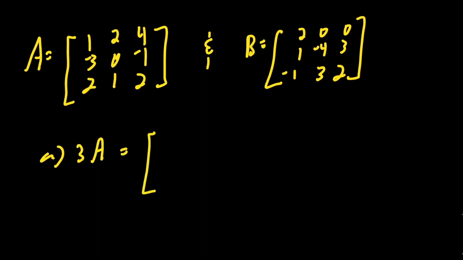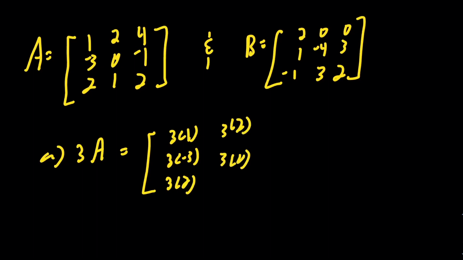To demonstrate, we have 3 times 1, 3 times -3, 3 times 2, and at this point, you already know the pattern, where it's 3 times each value within the matrix of A.